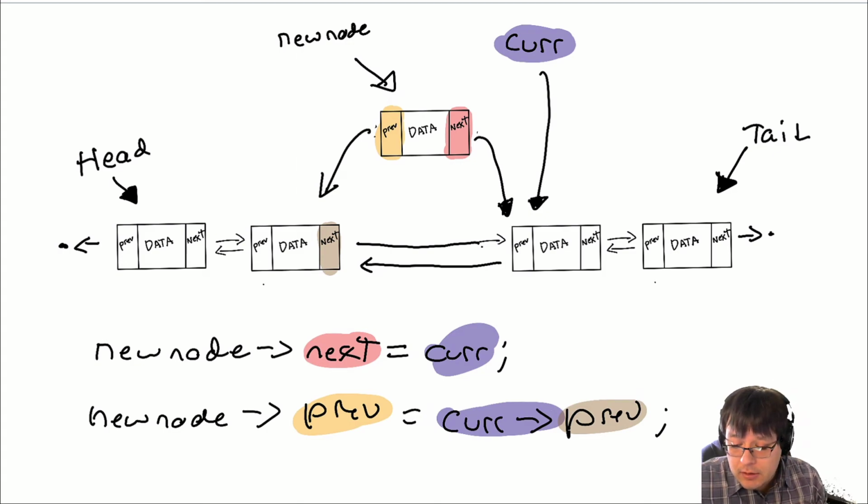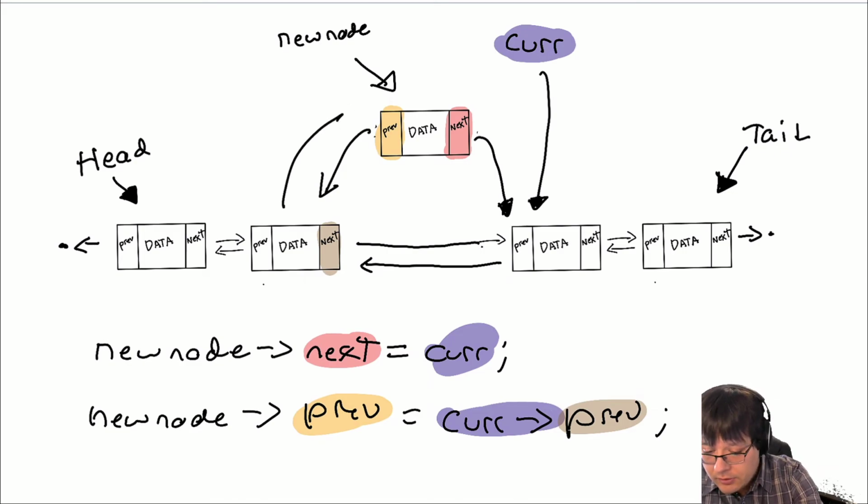So now what we gotta do is point cur prev to new node, and we also need to have this guy point there. So that's the tricky one. So let's go ahead and do that one next.